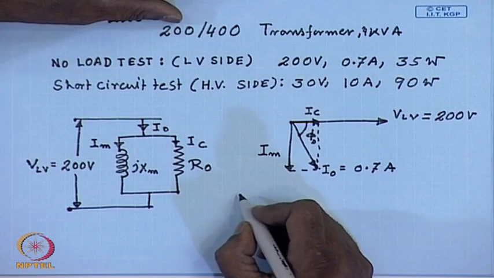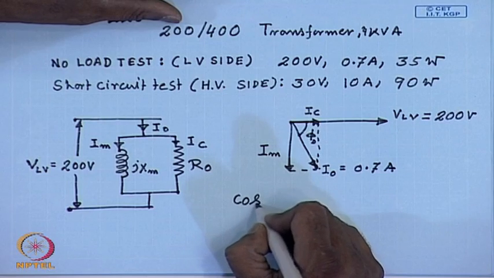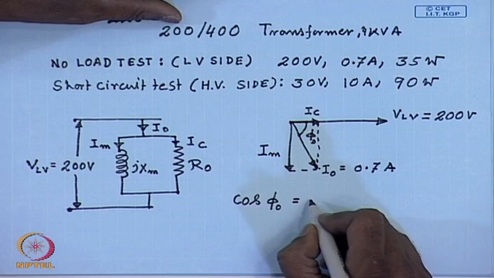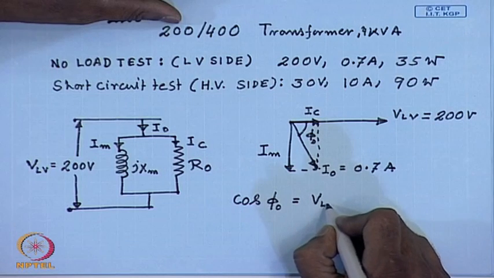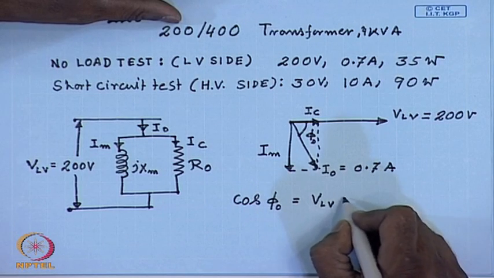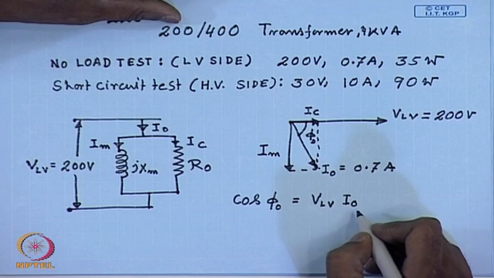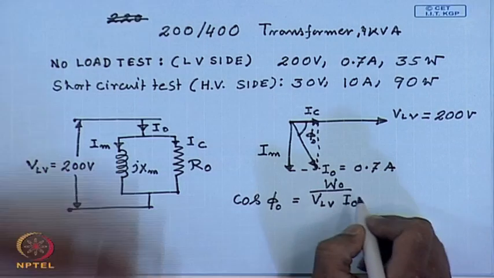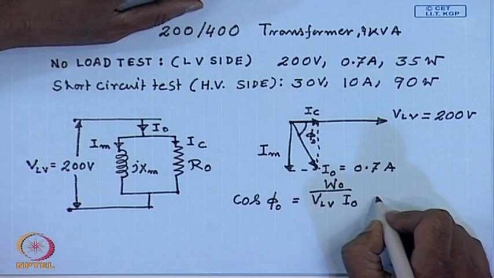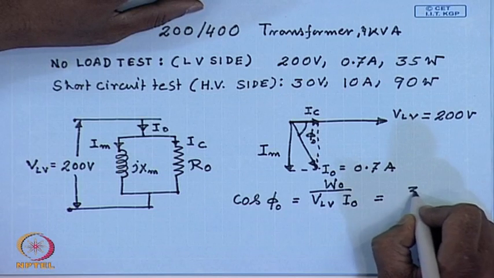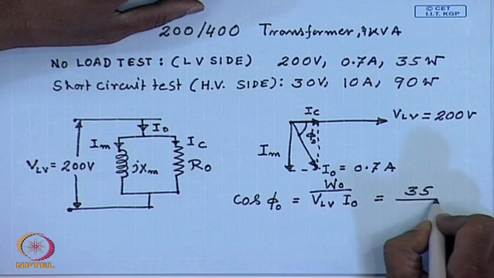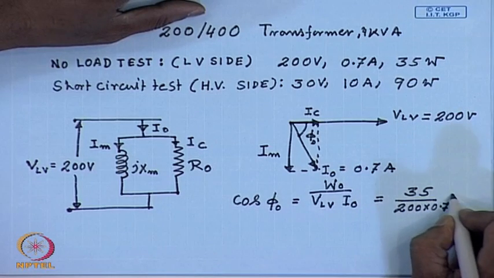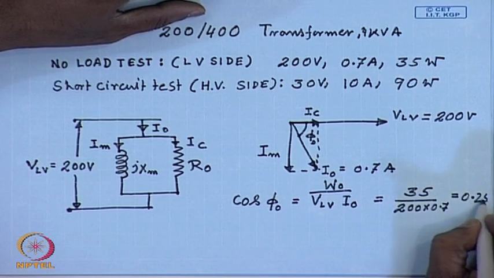Therefore, the no load power factor cos phi 0 equal to W0 divided by VLV I0, this is equal to 35 divided by 200 into 0.7, let us say 0.25.